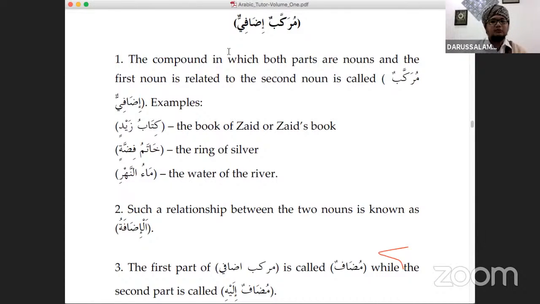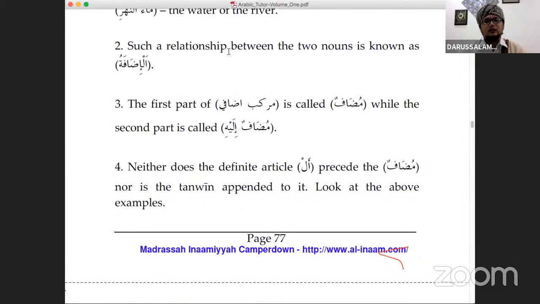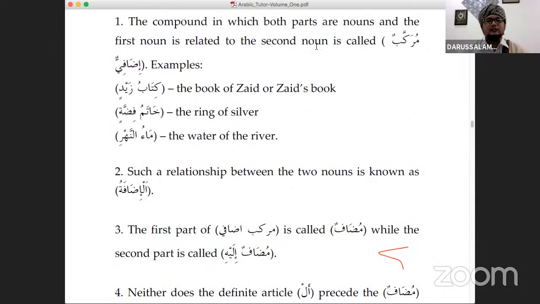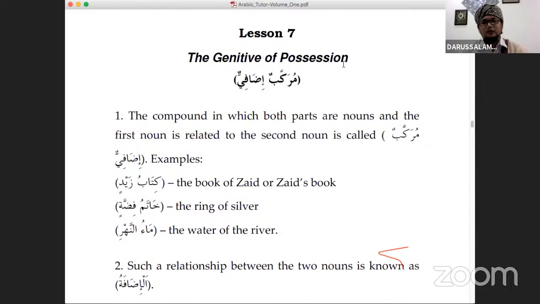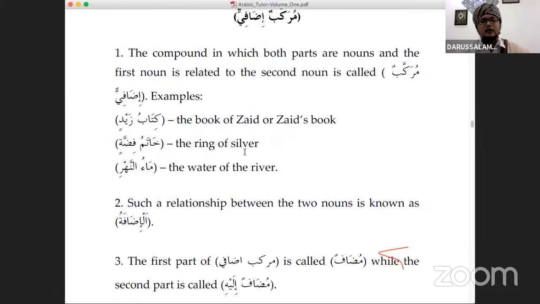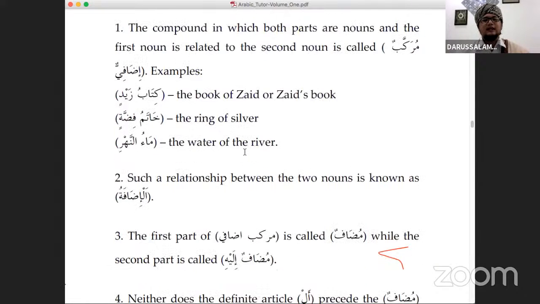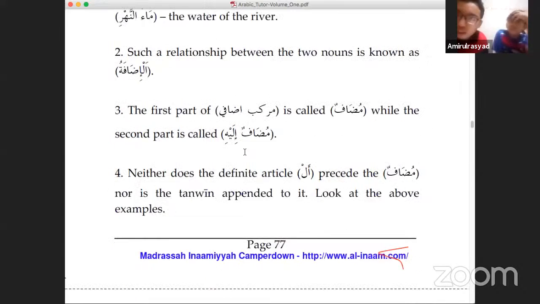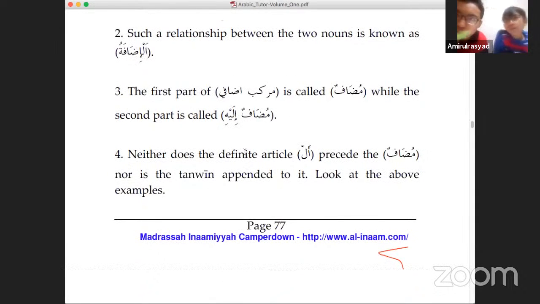Understand? Idafah. In English we say possessive, possession, maksudnya milik atau kepunyaan. But in Malay, maybe we can say sandaran, disandarkan. Alright.